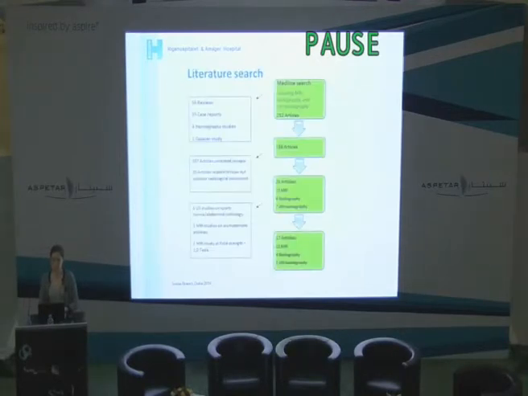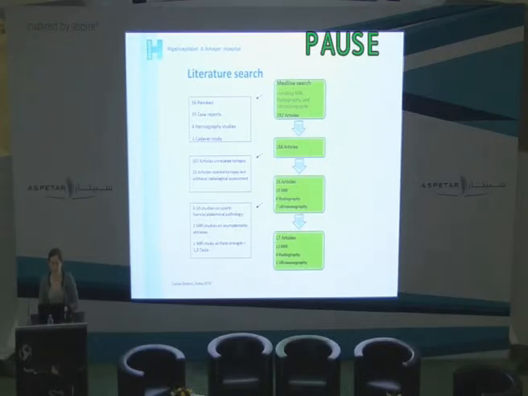So how did we do it? We performed a search in Medline back in 2012, and we had a set of inclusion and exclusion criteria. Our inclusion criteria were that we wished to find original studies dealing with radiological findings in symphysial and adductor-related groin pain. We wished to include studies that used the main modalities MRI, radiography, and ultrasonography.